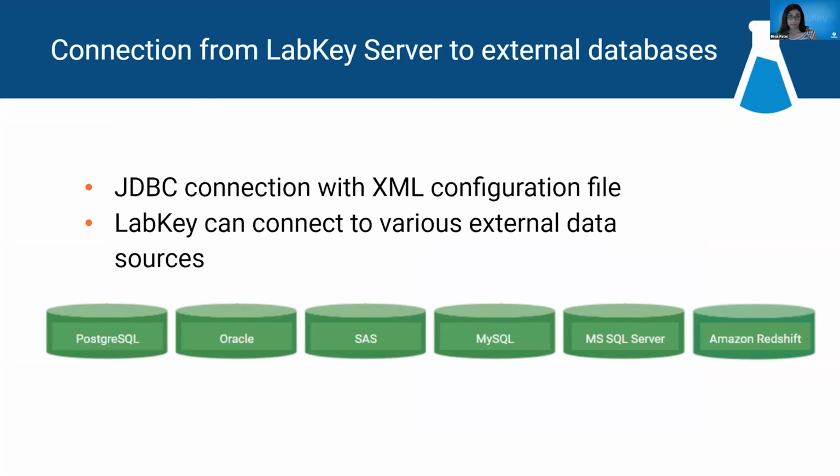LabKey can connect to various external data sources, such as Postgres, Oracle, SAS, MySQL, SQL Server, and Amazon Redshift. It is important to note that these are not LabKey's underlying databases. These are what LabKey can connect to and communicate with as an external data source.